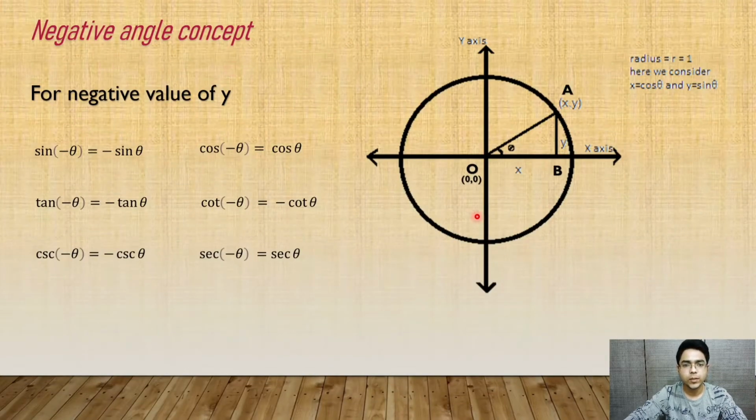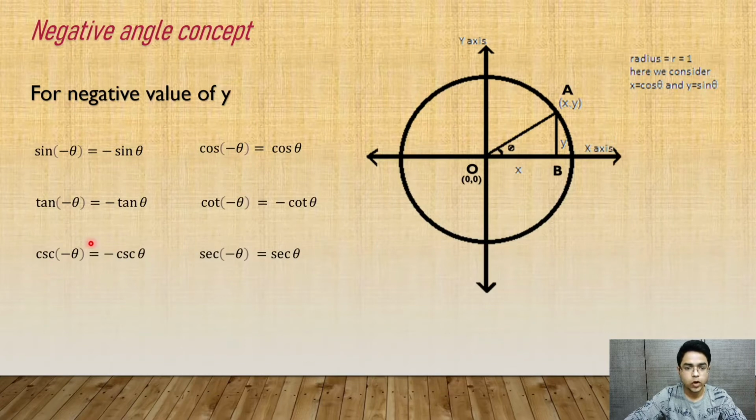negative angle concept. Here some formulas are given to us: sine of minus theta is equal to minus sine theta, cos of minus theta is equal to cos theta, tan of minus theta is equal to minus tan theta, cot of minus theta is equal to minus cot theta. Cosec is also written as CSC.